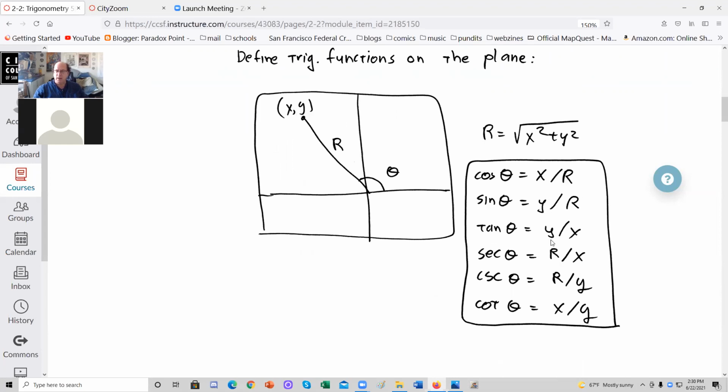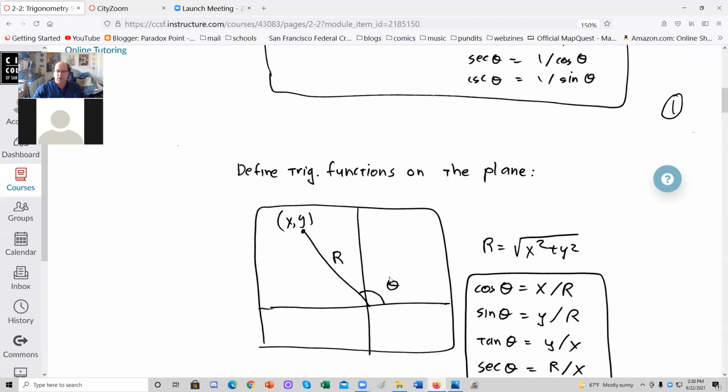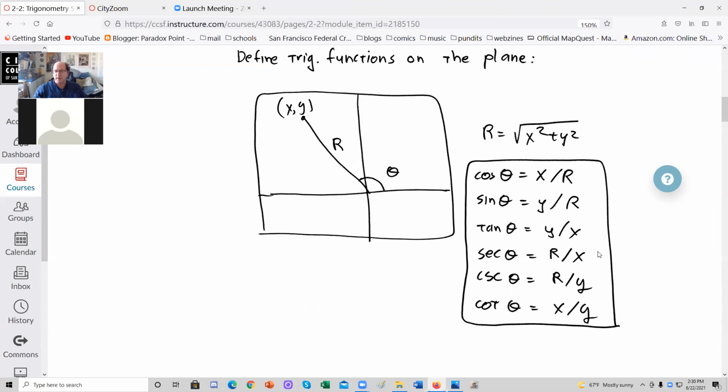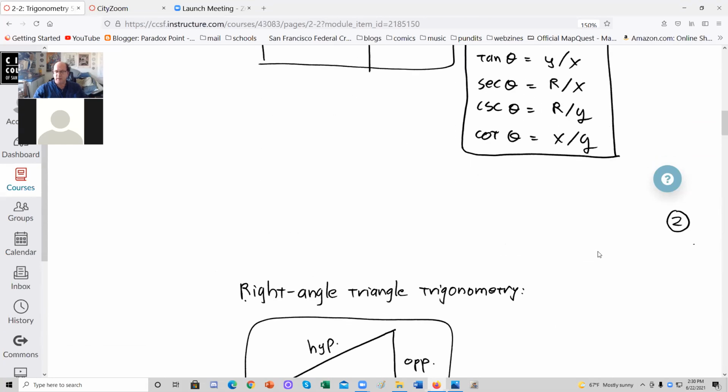Divide these out, you get y over x. Cotangent is cosine over sine. Divide these out, you get x over y. Secant is the reciprocal of cosine, therefore r over x. Cosecant is the reciprocal of sine, therefore r over y. And okay, if you draw a unit circle around here, then instead of (x, y), you have the point (x over r, y over r), and you get the same equations here.